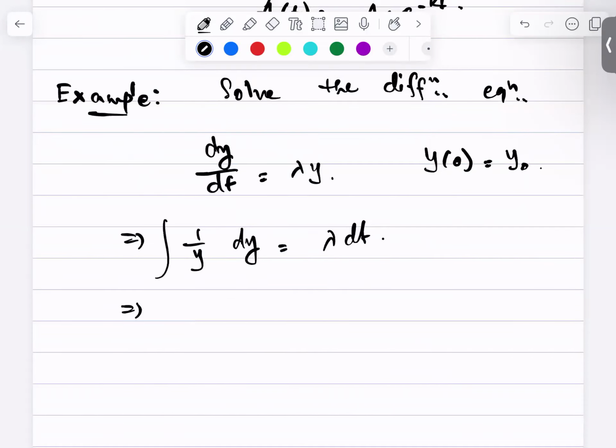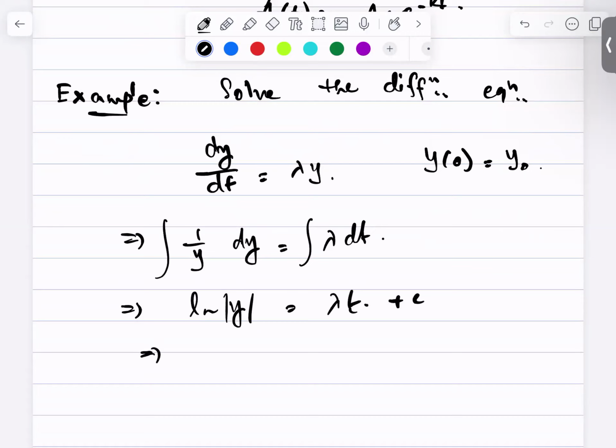Then do the integration, I'll get ln y, modulus of y, is lambda t plus c, right?